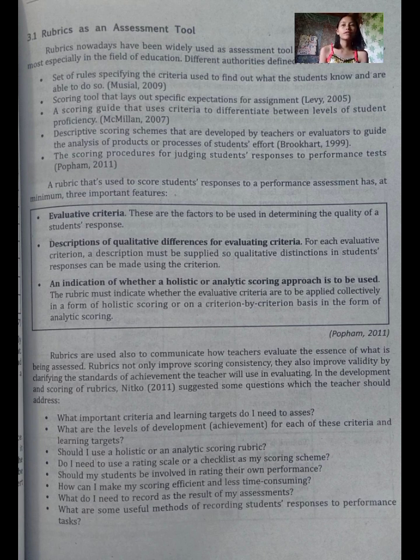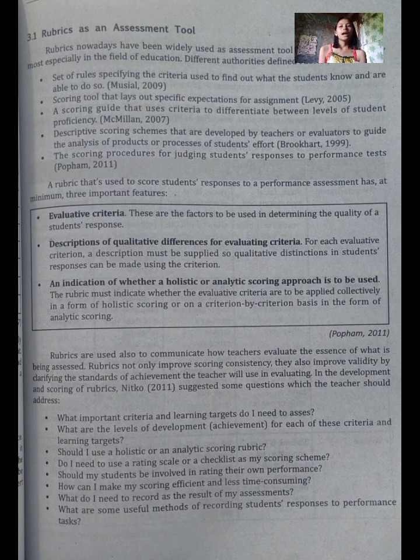One, evaluative criteria. These are the factors used in determining the quality of a student's response. Number two, descriptions of qualitative differences for evaluative criteria. For each evaluative criterion, a description must be supplied so qualitative distinctions in students' responses can be made using the criterion.